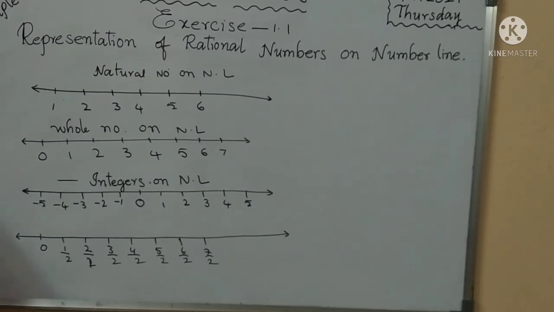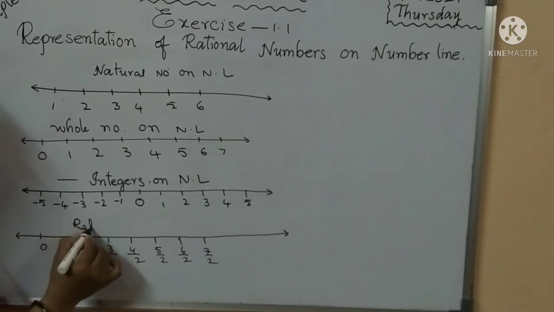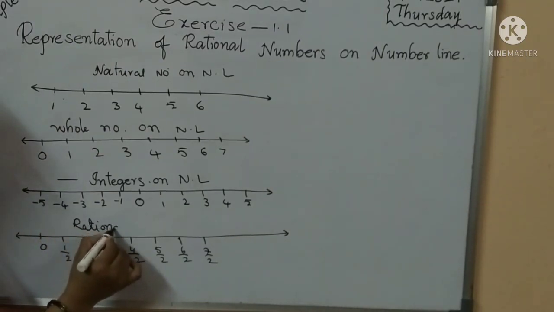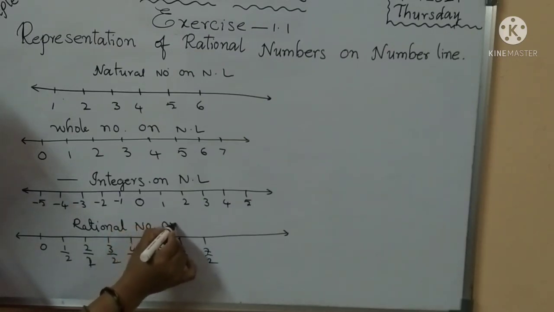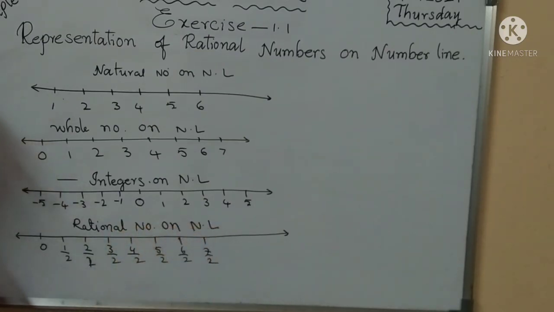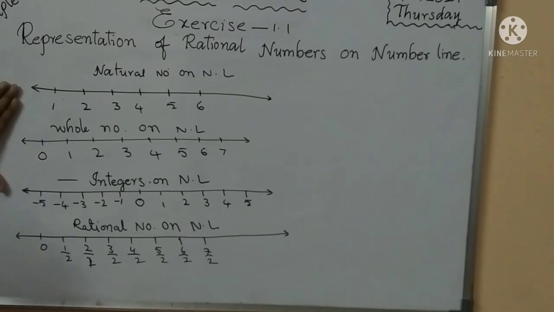Decimals also we have to take on the number line. So it is rational numbers on number line. Up to here we learned in the previous class natural numbers, whole numbers and integers on a number line.